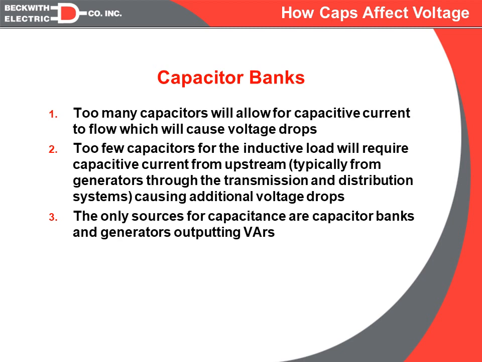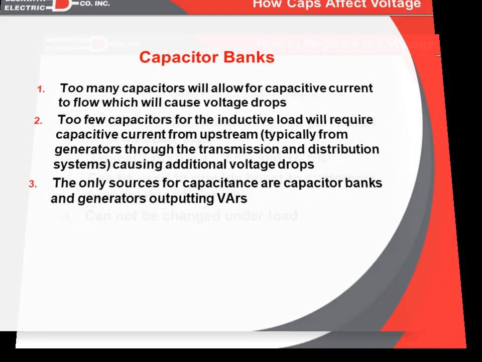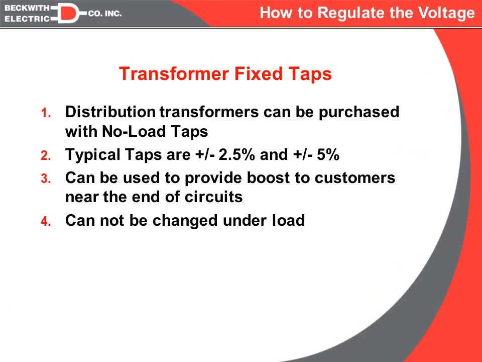So, by reducing the VAR requirements, by having them located as close to the inductive motors as needed, we allow the distribution circuits not to have to carry that VAR current, which then allows the transmission grid not to have to carry the VAR current, and the generator not to have to generate the VAR current. So we are winning in 3 different areas of the grid by having the capacitor banks as close to the inductive load as possible. Hopefully now you've got a better understanding of why voltage changes.